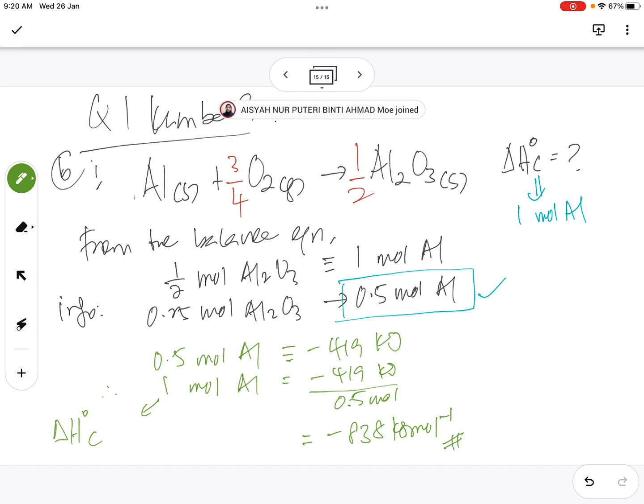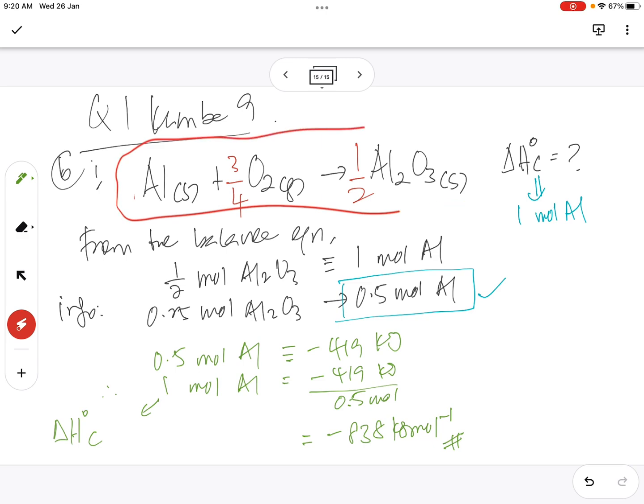Okay, let me repeat. This equation stands for the standard enthalpy of combustion of aluminium, and we know it must be for 1 mole of aluminium. From the equation, 1 mole of aluminium is equivalent to half mole of aluminium oxide.